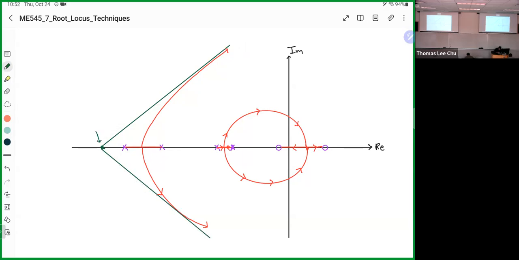So these are asymptotes, and this is the real axis intercept. It's where these asymptotes hit the real axis.